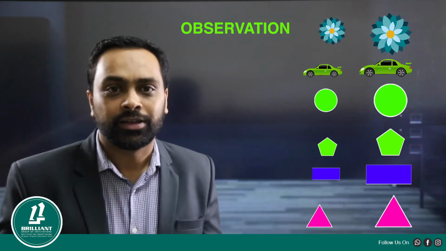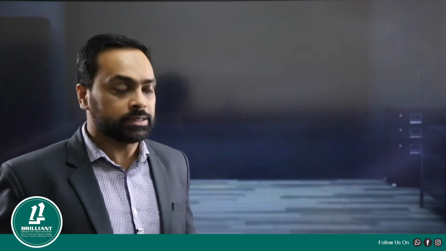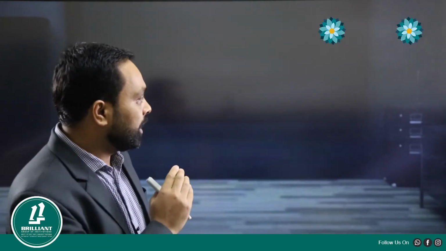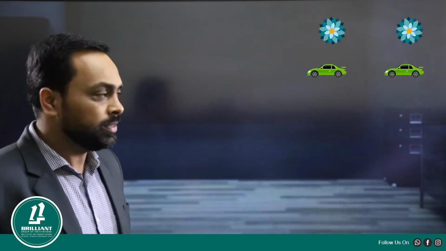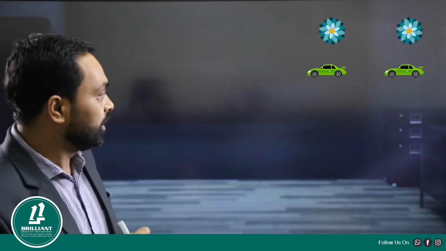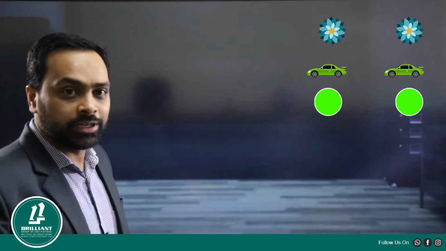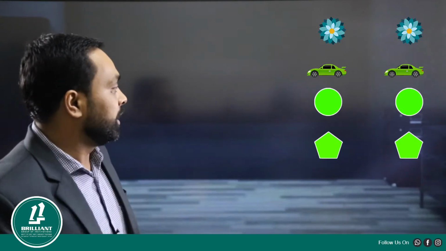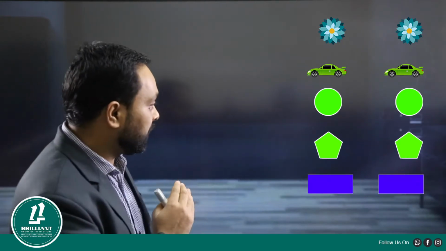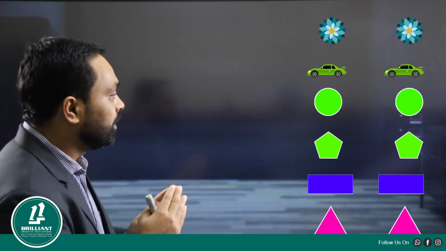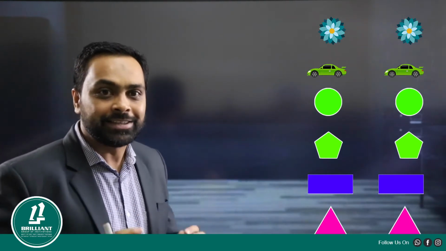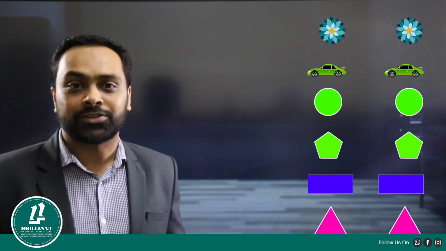Am I right? Okay, let's see one more collection of sets of objects. Yes, we have a pair of flowers, a pair of cars, a pair of circles, a pair of pentagons, a pair of rectangles and a pair of triangles. Let's see what we can observe compared with the last collection.